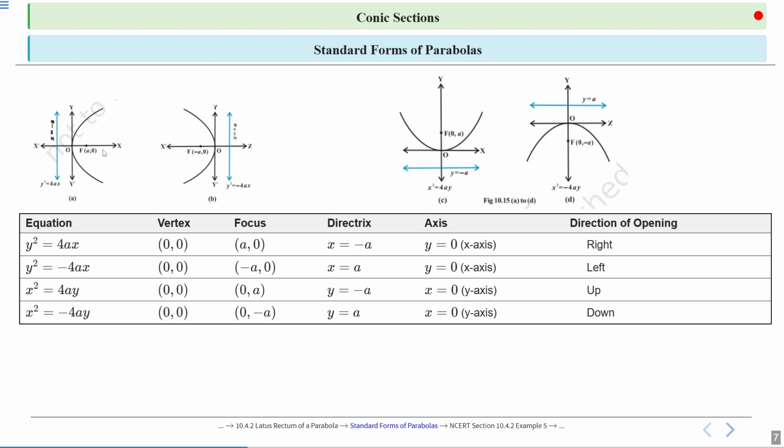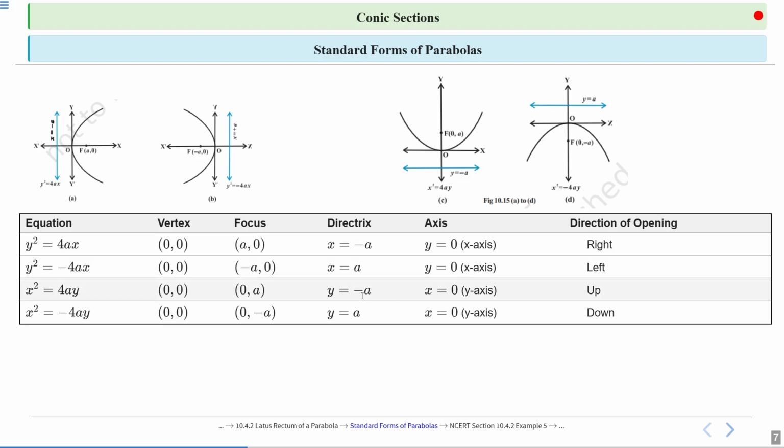This parabola opens to the right. So from this figure we obtain the equation of the parabola, vertex, focus, equation of directrix, axis of the parabola, and direction of opening.